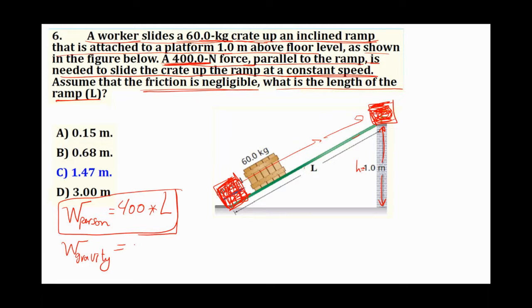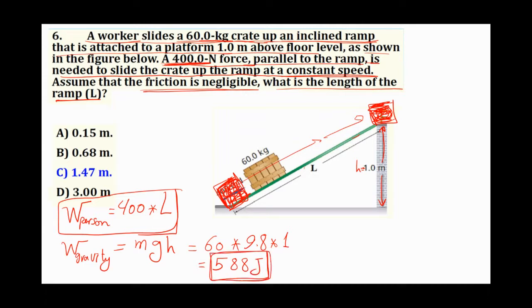Equals the weight times the height, which is, we just say it, mgh. m is 60, g is 9.8, and h is 1. That gives you what, guys? 588 joule.